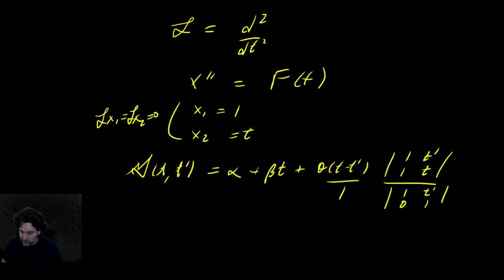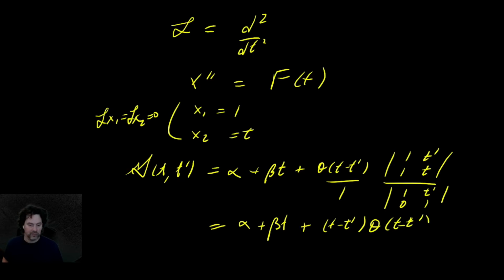We don't really care what the bottom row of that is, since only the diagonal of this particular determinant matters. Anyway, that gives us alpha plus beta t plus t minus t prime, theta of t minus t prime. So there's our g.